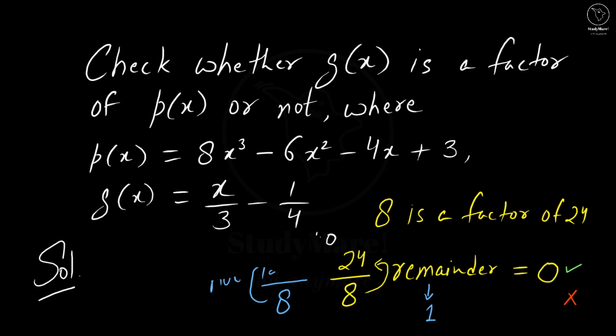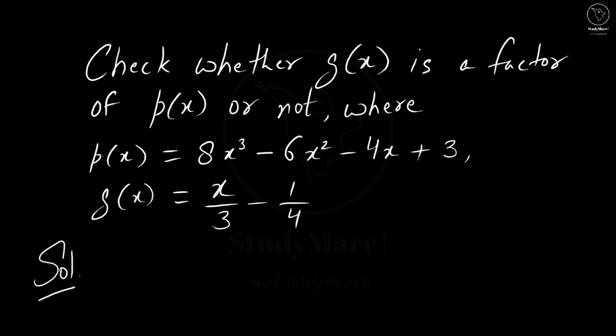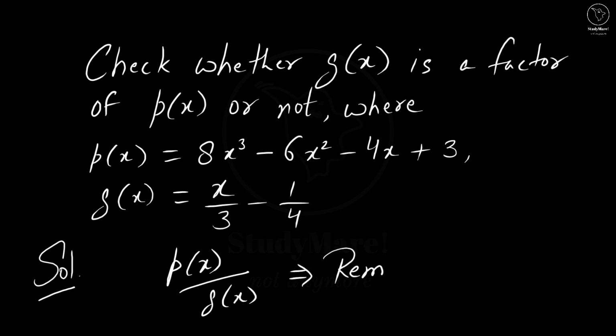So let's do this. Coming back to the question, we have to divide p(x) by g(x) and find the remainder in this case. If the remainder comes to 0, then this will be a factor.